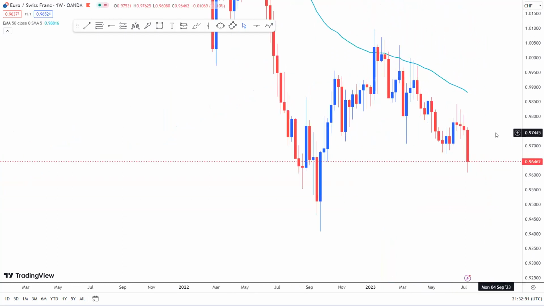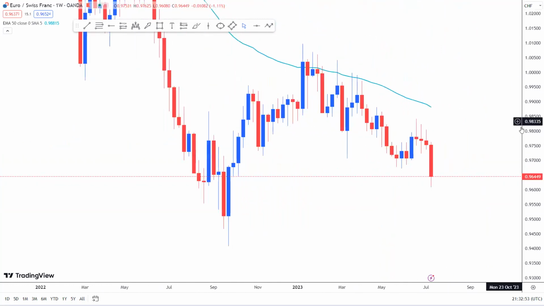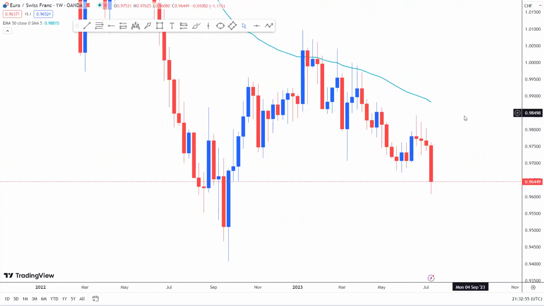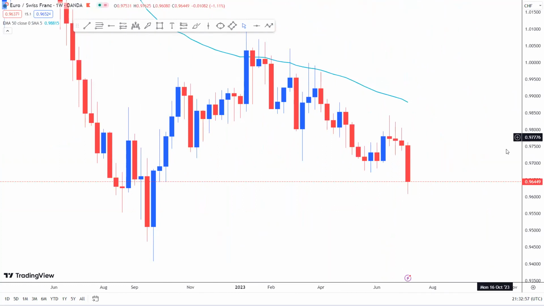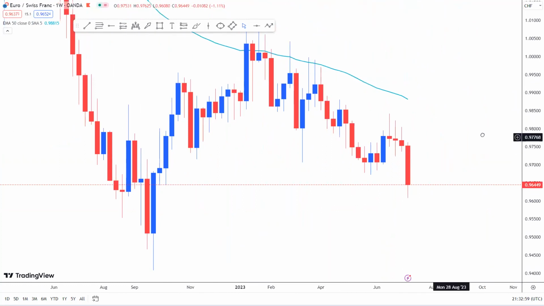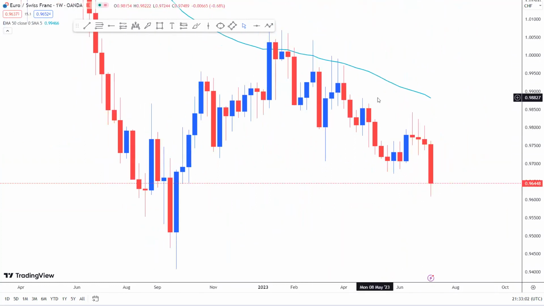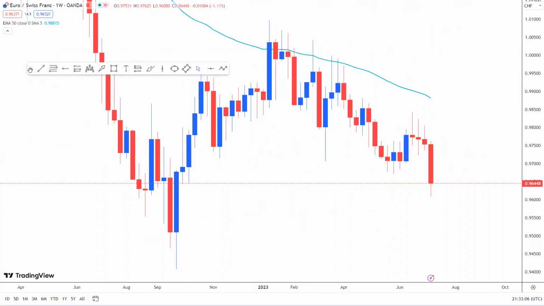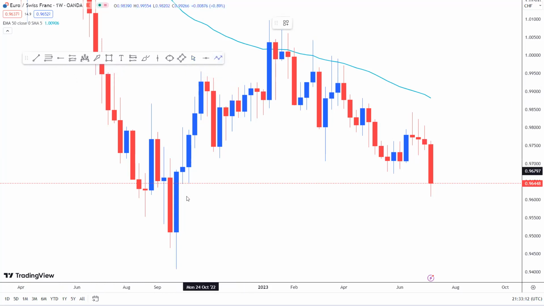On Euro Chef, as you can see from the weekly time frame, we are clearly bearish. So to make that clearer, we pretty much add this impulse movement that shifted us to a bullish market structure.